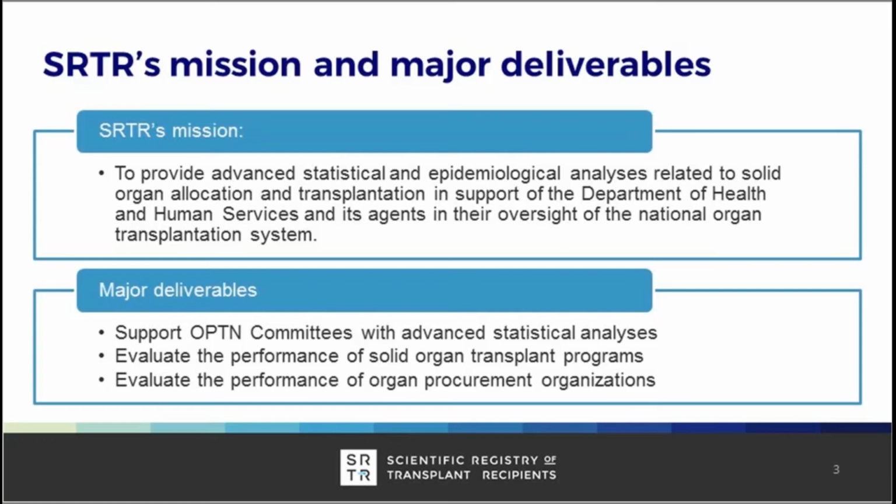We support the OPTN committees with advanced statistical analyses when they're debating various policy decisions, and we do our best to supply data that the committee would find useful to those deliberations. Secondly, we evaluate the performance of solid organ transplant programs, which is more directly related to today's webinar topic. And we also evaluate the performance of organ procurement organizations.